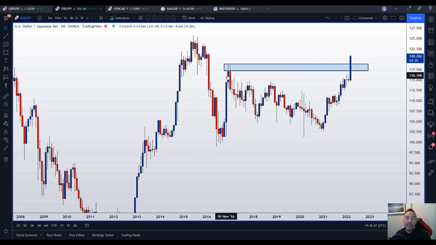Now we always look left to give us a clue about what could happen. Price has come into the zone and there's been no rejection. Sellers have not come in. This is the monthly candle, still 9 days to go, but at the moment looking incredibly bullish.